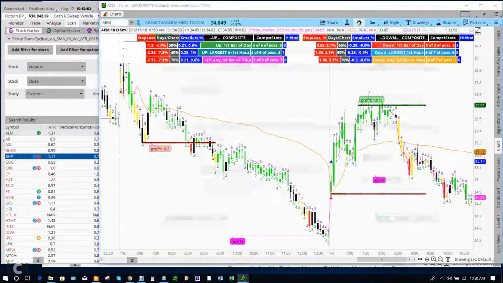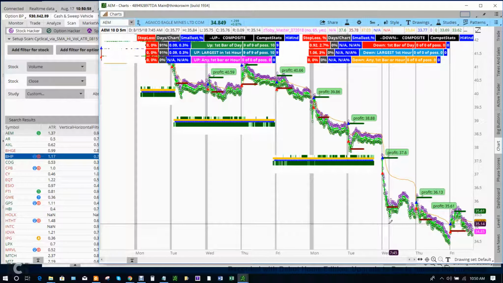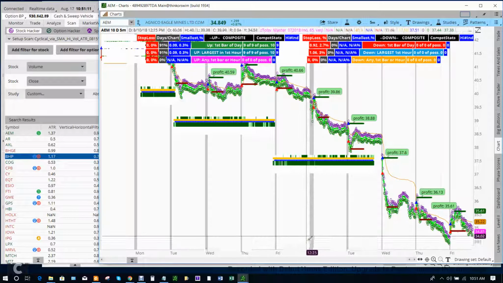So if we look at after hours trading, these little gray areas are after hours, so you can see that this gray area has more trading than this little guy over here, and these are the days that can kill you.